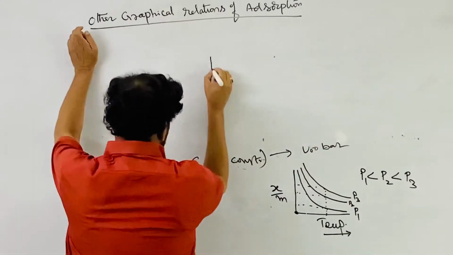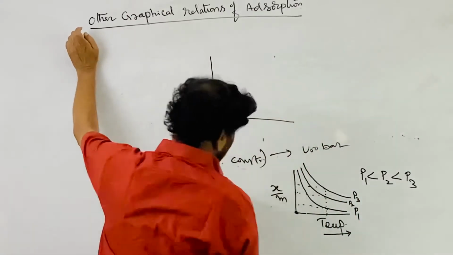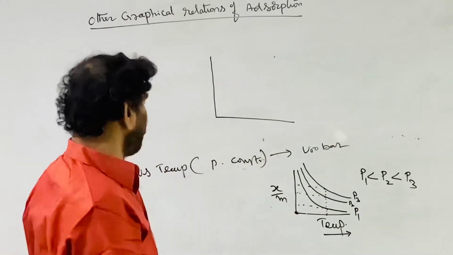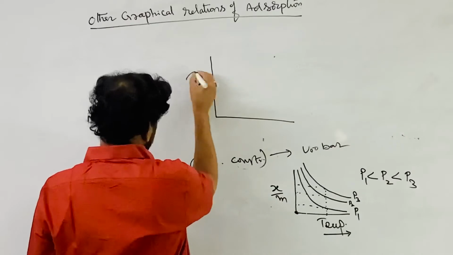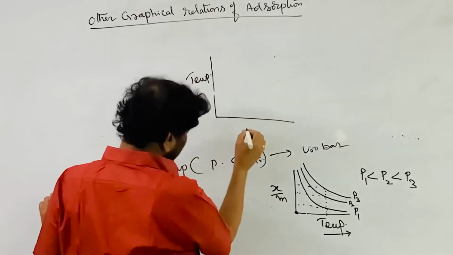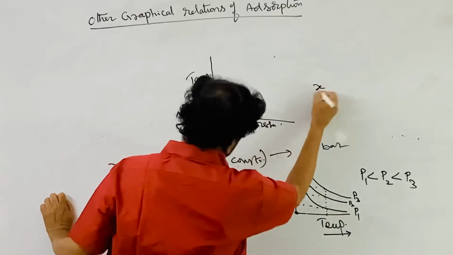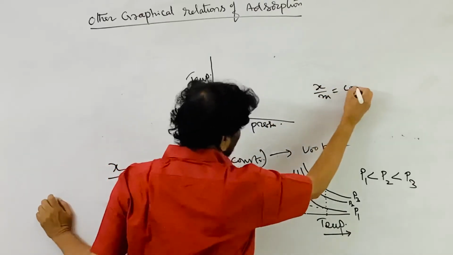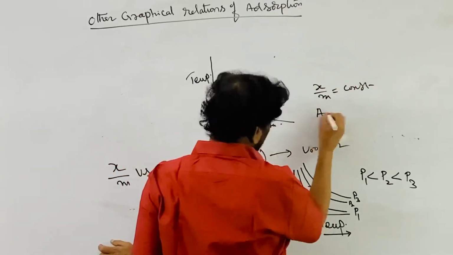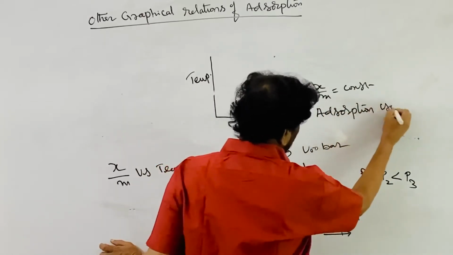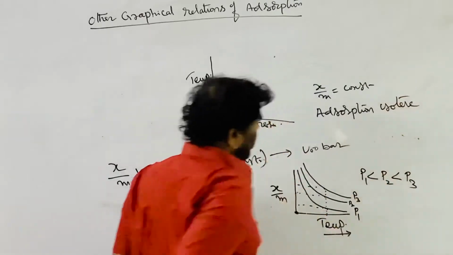Now, that relation is called the isosteric. This is temperature, and this is the pressure of the gas. X by m is constant. That is called the adsorption isosteric.